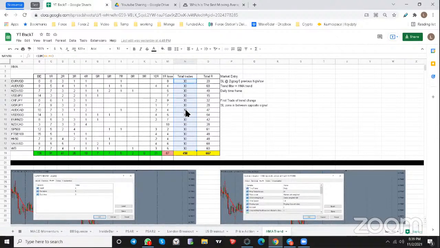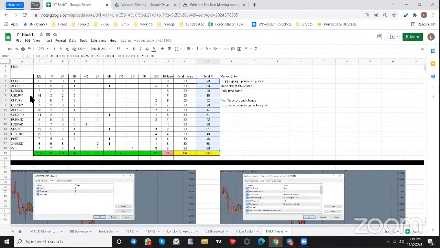This is what caught me by surprise, because almost all the pairs which I tested, which is half of the majors and minors combined, are profitable throughout. When I started this journey of testing indicators, it's rare that I see each and every single pair, over the same number of trades, turn out to be profitable at the end of the day.